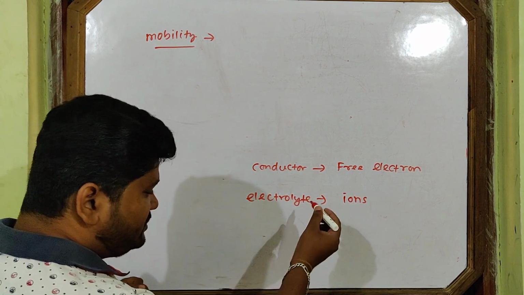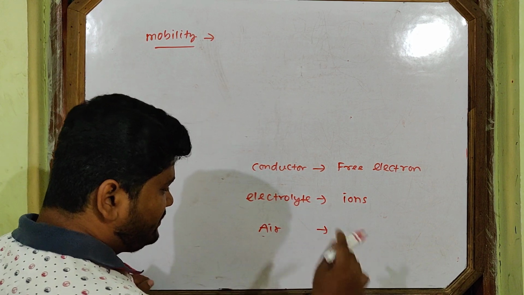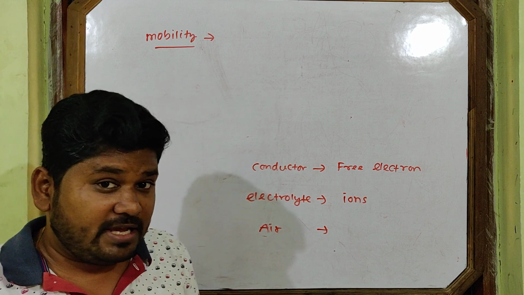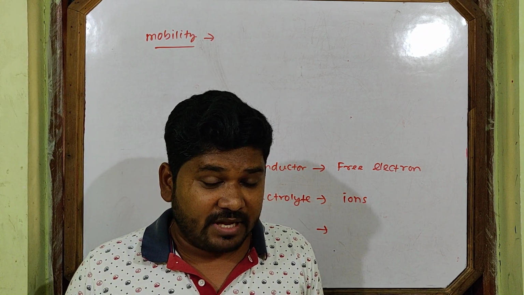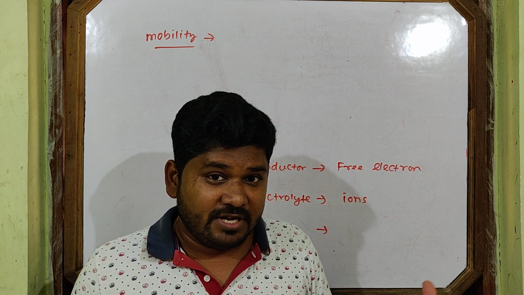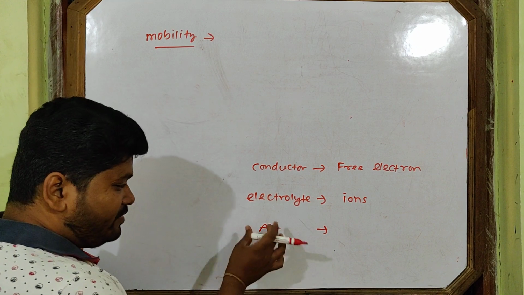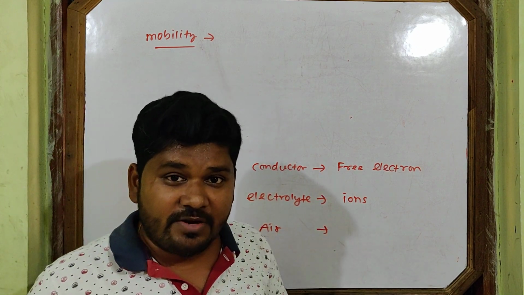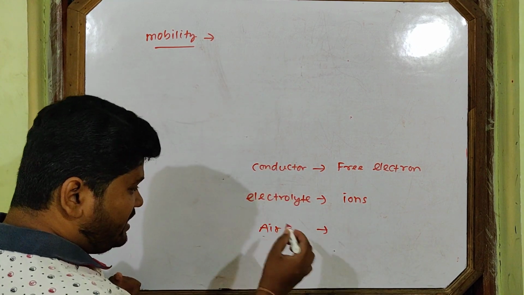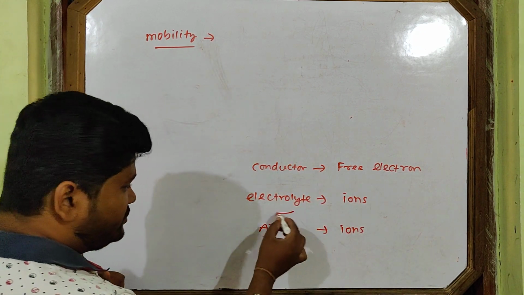Next, in air. In air also current can pass. I told you in the second chapter that when dielectric breakdown happens, a lot of ions are produced. They help in current flow in air. Lightning is the current flow in air. So in air also, ions help in current flow.